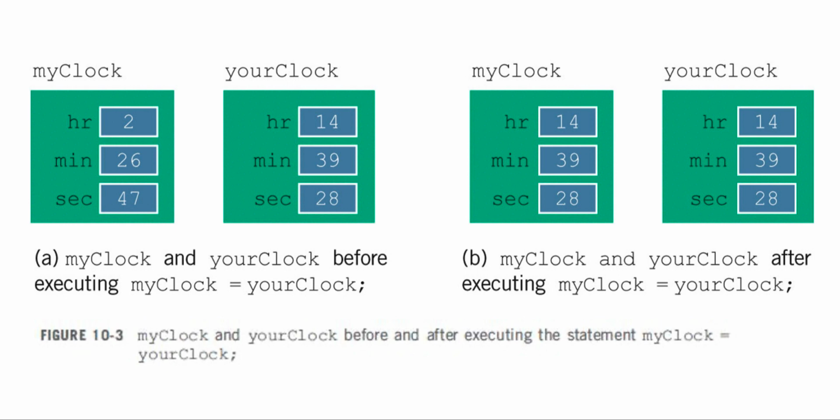Let's talk about the assignment operator in a class. Suppose that my clock and your clock are clock type objects as defined previously. Furthermore, suppose that the values of my clock and your clock are as shown in this slide. We can write a statement saying my clock equals your clock.